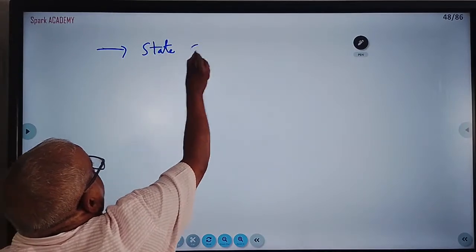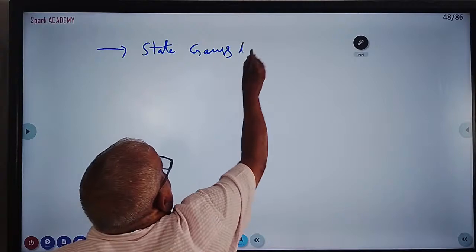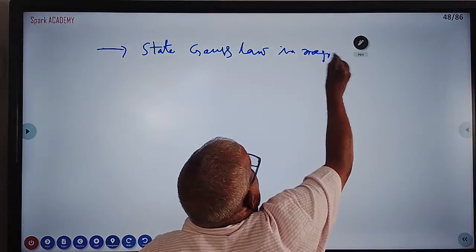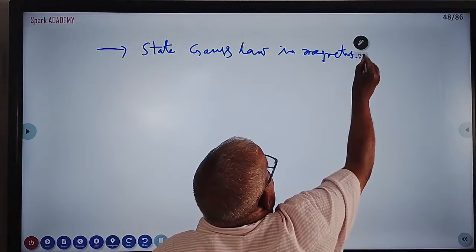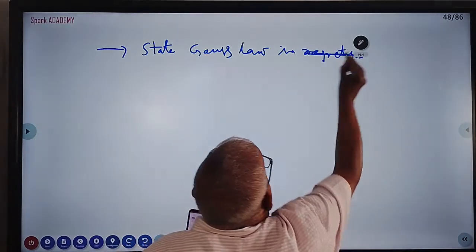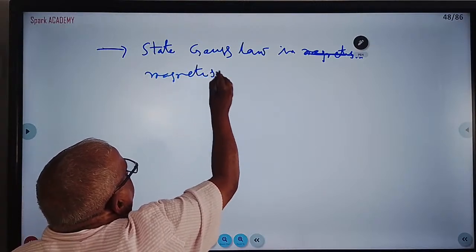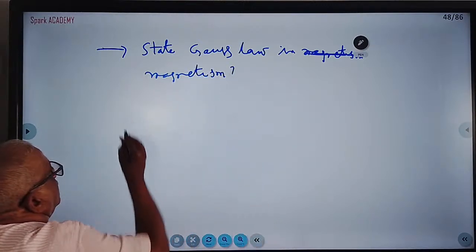State Gauss's law in magnetism. You want this one first, you are enthusiastic. What is Gauss's law in magnetism?